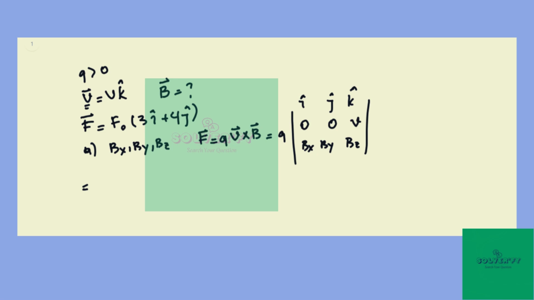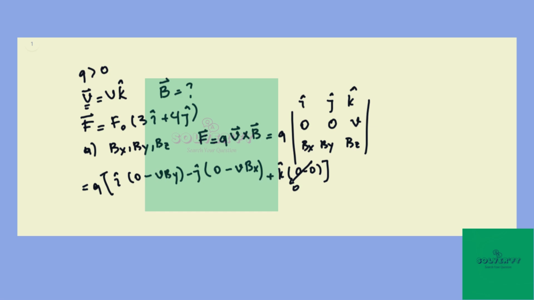Now, this is going to be equal to Q times i hat, 0 times Bz, which is 0, minus v times By, minus j hat, 0 times Bz, which is 0, minus v times Bx, plus k hat, 0 minus 0.